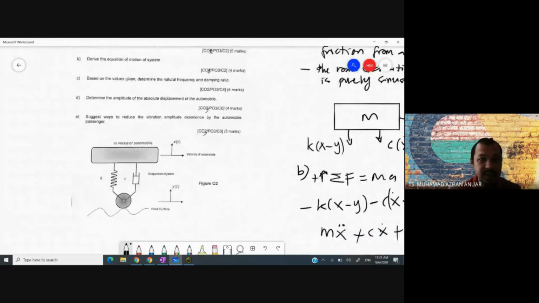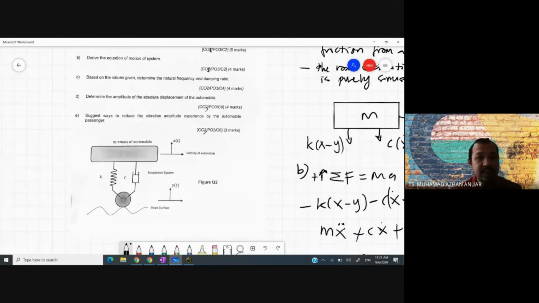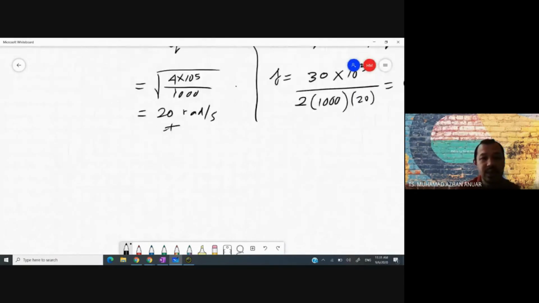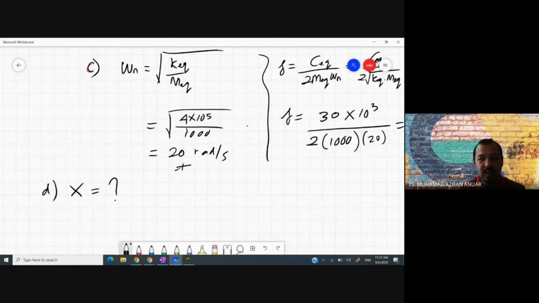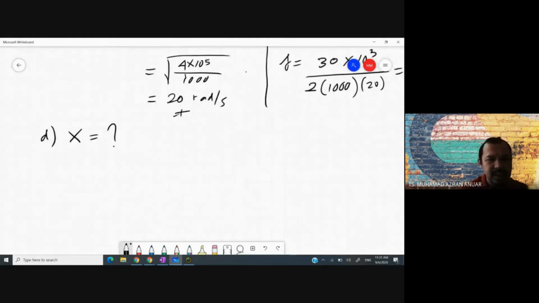And question D, determine the amplitude of the absolute displacement of the automobile. This means for question D, you need to determine the X, the amplitude of the automobile, not the road amplitude, which is given. If we recall, we can use the displacement transmissibility.